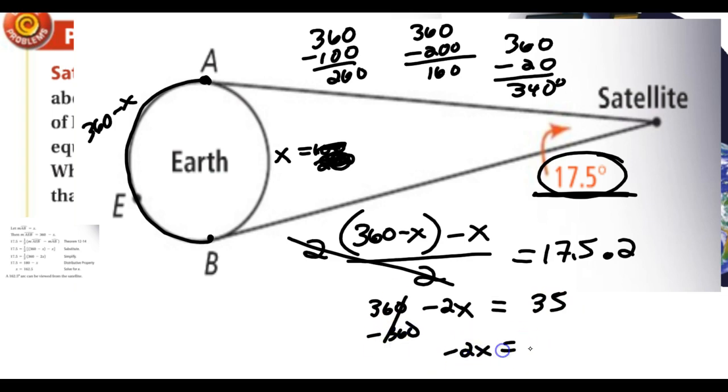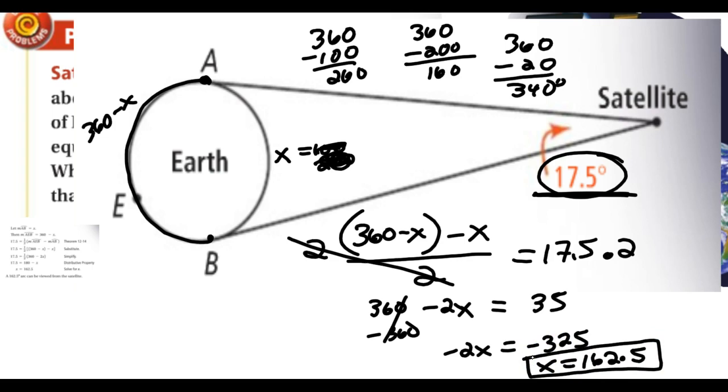You get negative 2x equals 35 minus 360, that's going to give me negative 325, I believe. And then divide both sides by negative 2. That should give me x equals 162.5. And so there's our value.